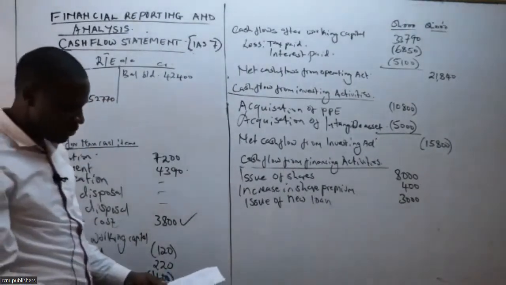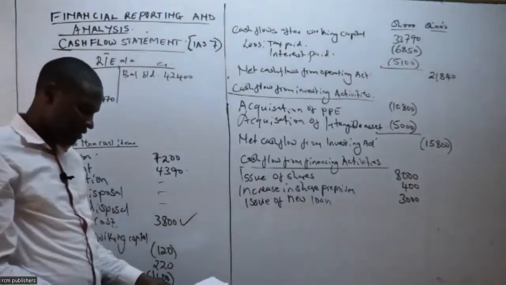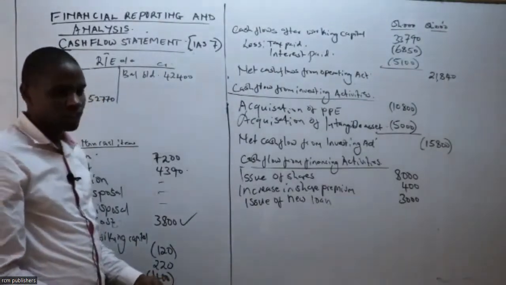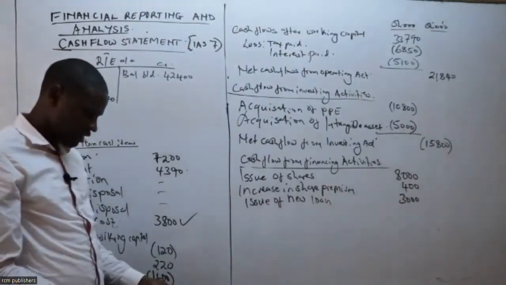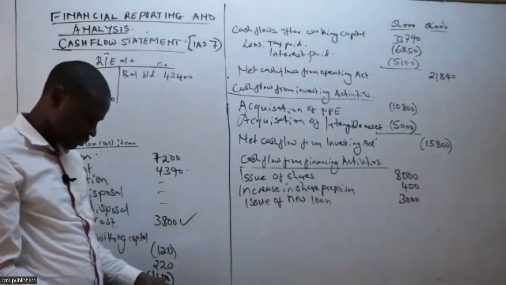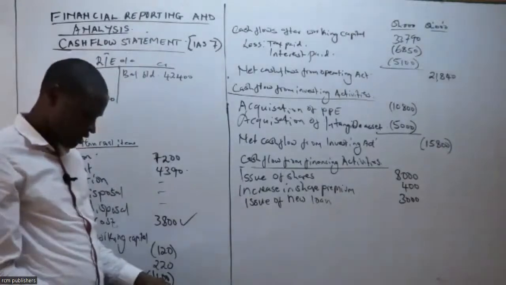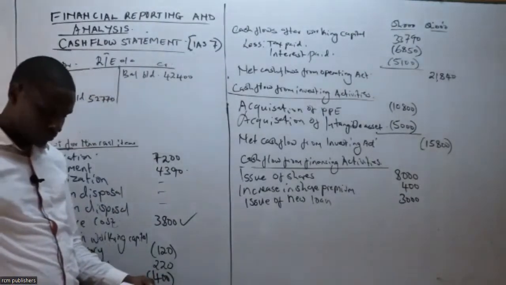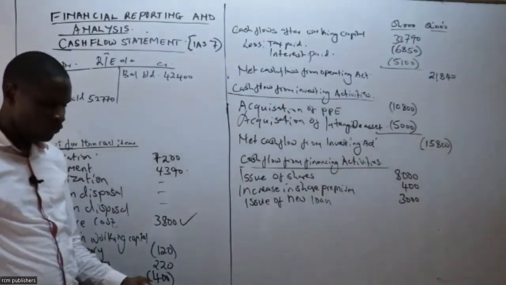Then you ask yourself, what was the retained earning in the income statement? Somebody to give us the retained earning pale ni ngapi? Income statement yetu. Can you see the profit for the year?